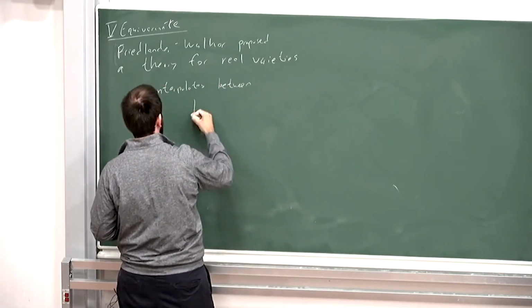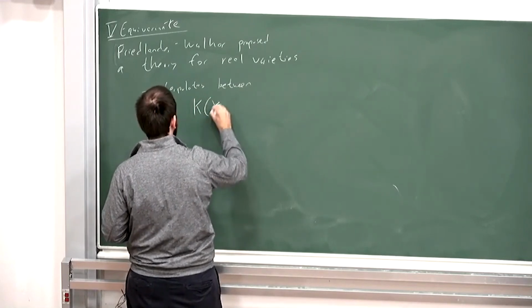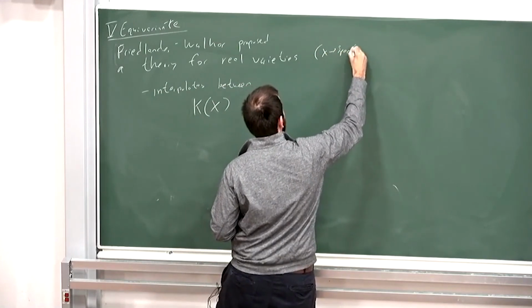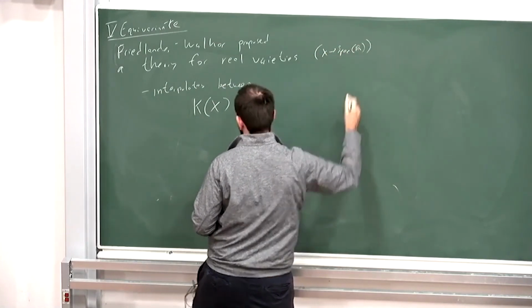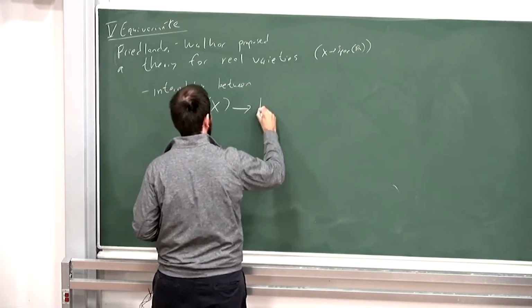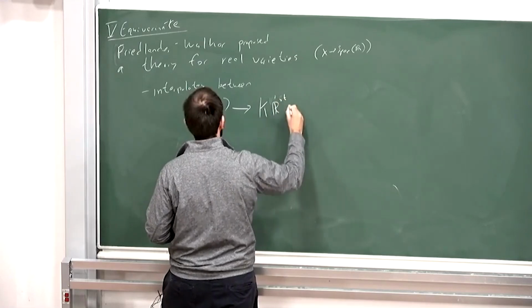In the sense that there's a map from the algebraic K-theory of X, where X goes to Spec R, there's a map from K of X to this definition, this KR semi-topological.